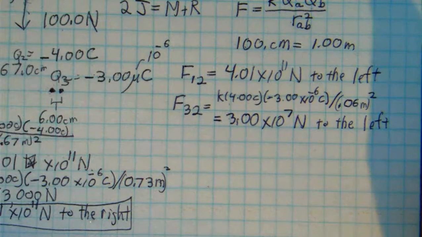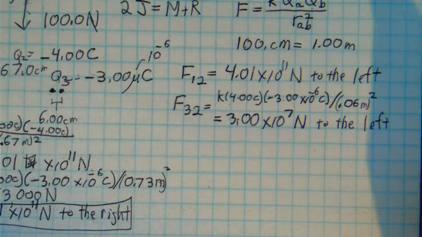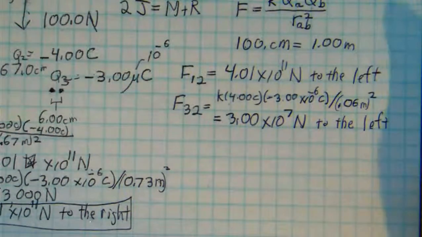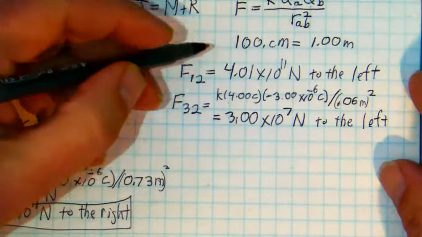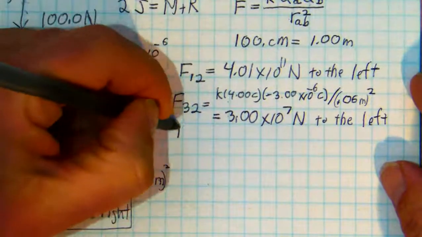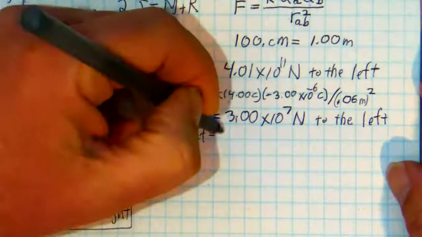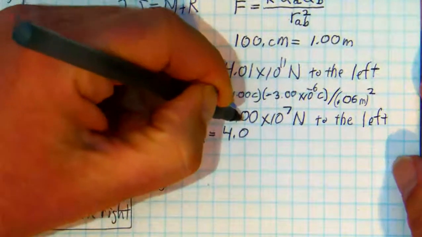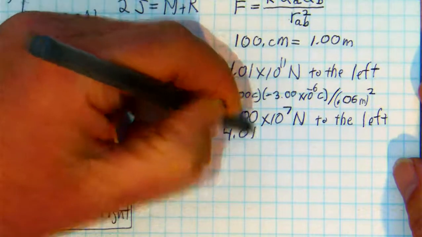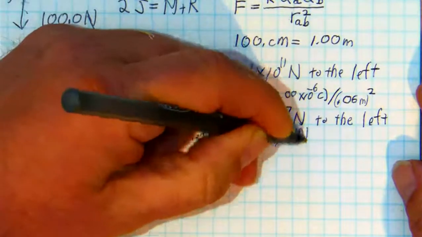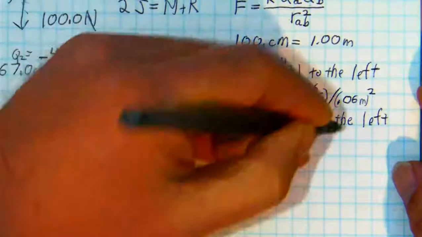So 4.00533464 times 10 to the 11th plus the previous answer. It still wasn't significant enough. The net force worked out to be 4.01 times 10 to the 11th newtons to the left.